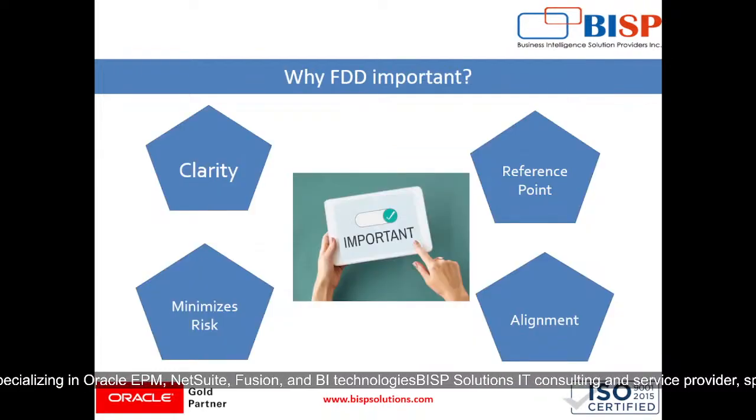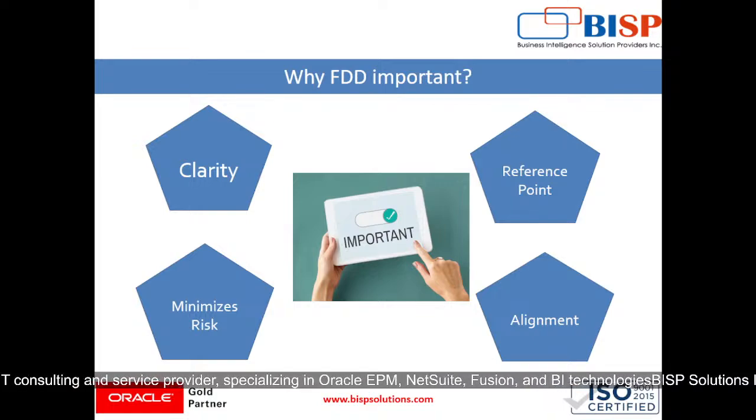Then why we are making FDD, or why FDD is important for business. First of all, it provides clarity. It means it provides a clear understanding of how the system will meet business needs.